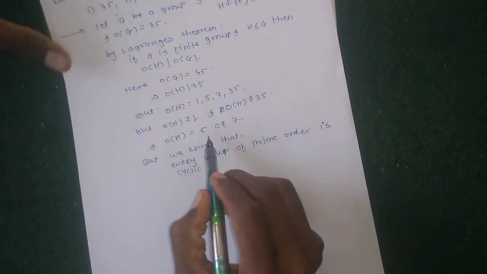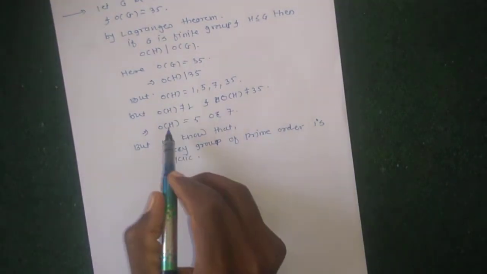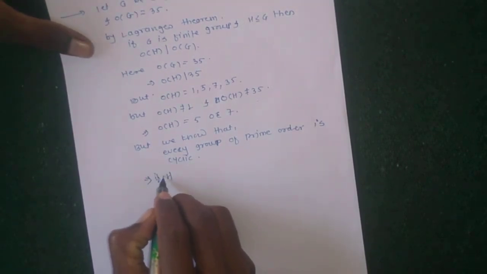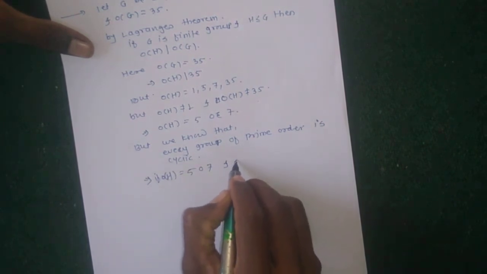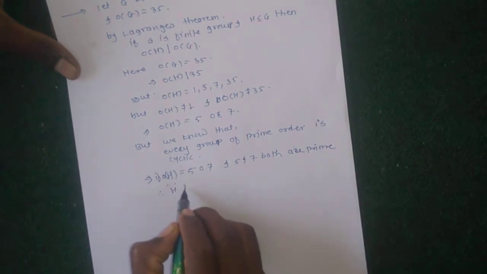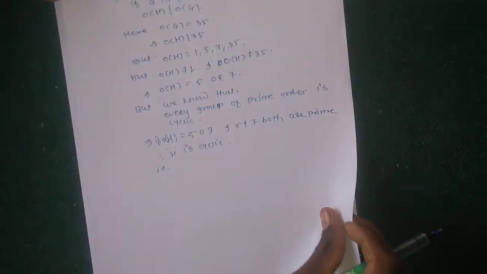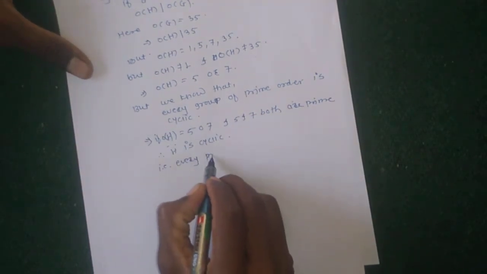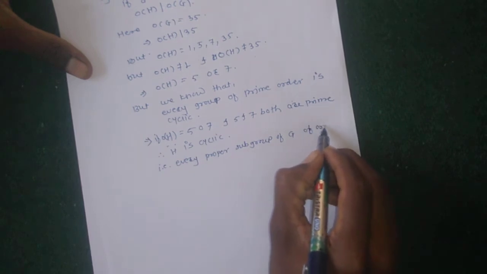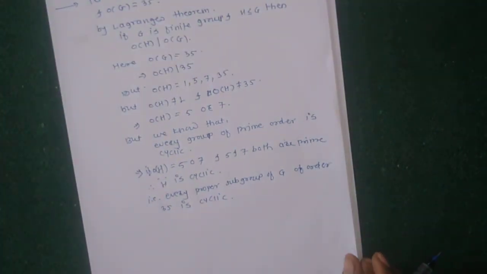Here order of H equals 5, and 5 is a prime number, so H is a cyclic group, which implies that H is a cyclic subgroup of G. If order of H equals 5 or 7, and both are prime numbers, therefore H is cyclic, that is, every proper subgroup of G of order 35 is cyclic. Very simple solution of this example.